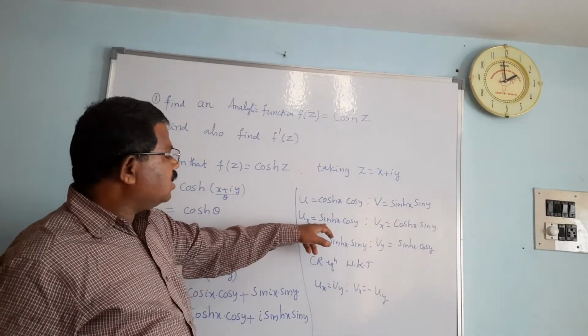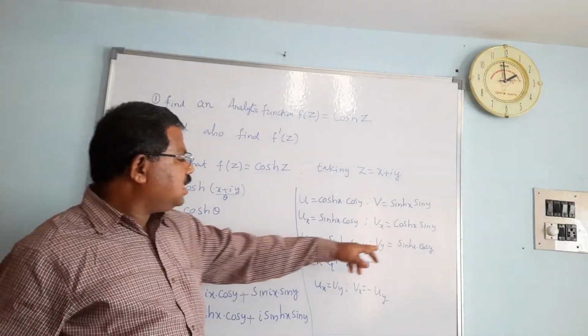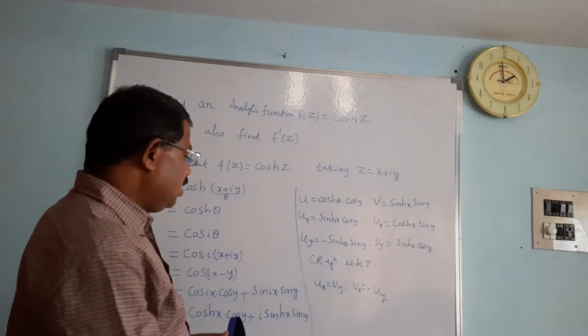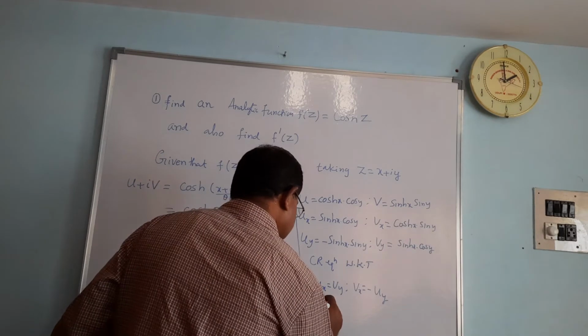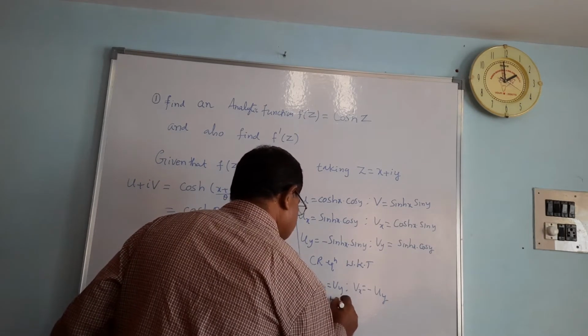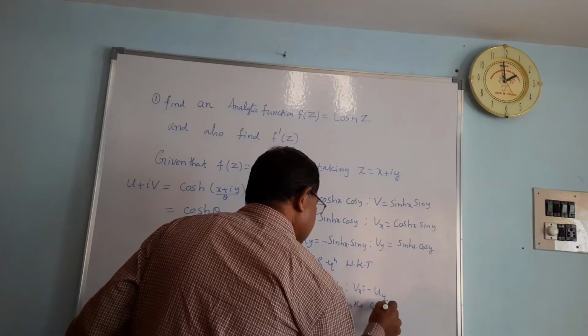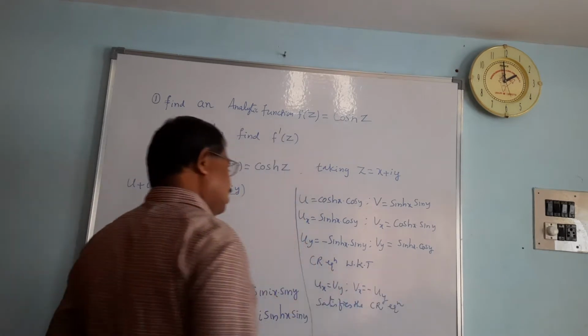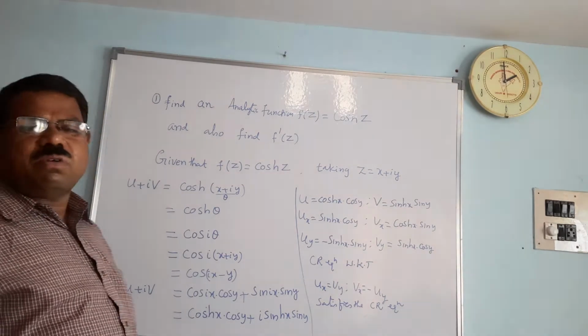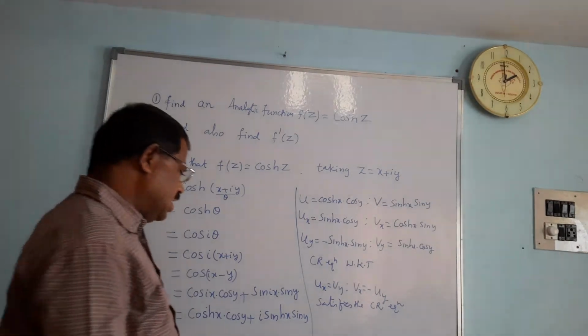Ux means sinh x cos y, vy is sinh x cos y, so it satisfies the CR equations. Therefore f of z is analytic.